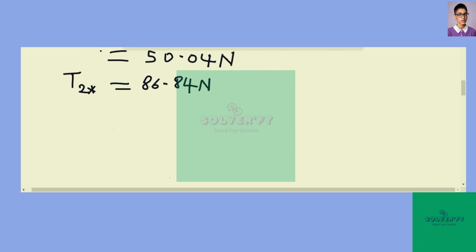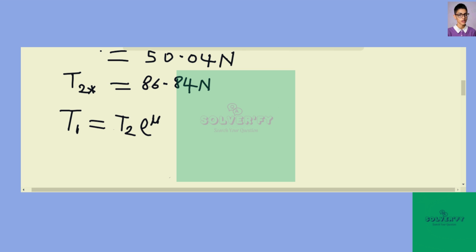Now, remember that we've not gotten the tension on the tight side of the belt. T1 is the tension on the tight side and T2 is the tension on the slack side, and this is their relation, with mu.